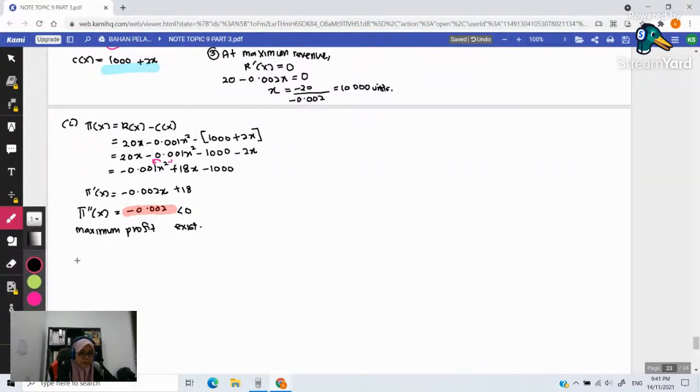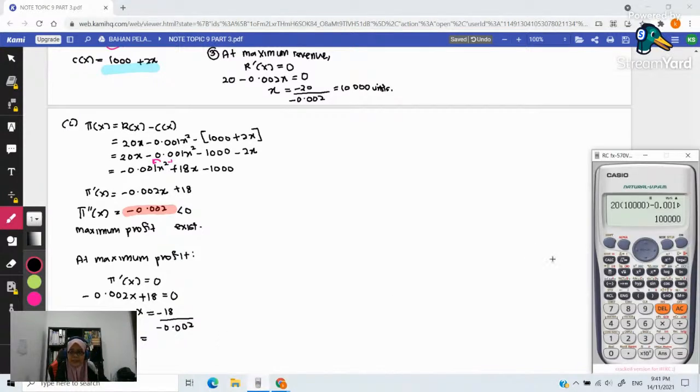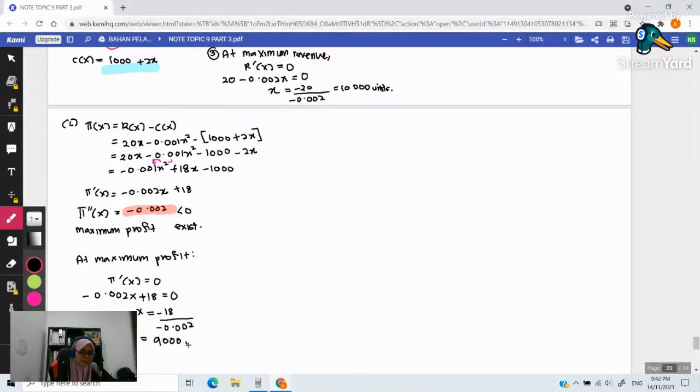Okay. So at maximum profit, we need to find pi prime x equal to 0. Copy down the first derivative: negative 0.002x plus 18 is equal to 0. Therefore x equals negative 18 over negative 0.002. Calculating by calculator, negative 18 divided by negative 0.002, the answer is 9,000 units.